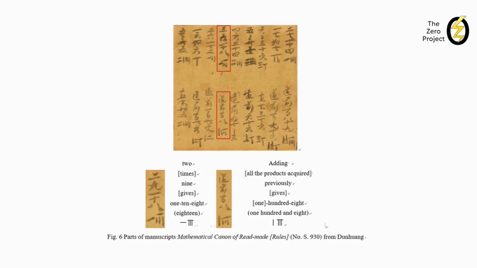The summation of all the products one gets after each pinch formula is also calculated and represented by counting rods. Like this, adding all the products previously gives 108. So in this manuscript, we can find these symbols, the configuration of the number presented by counting rods.